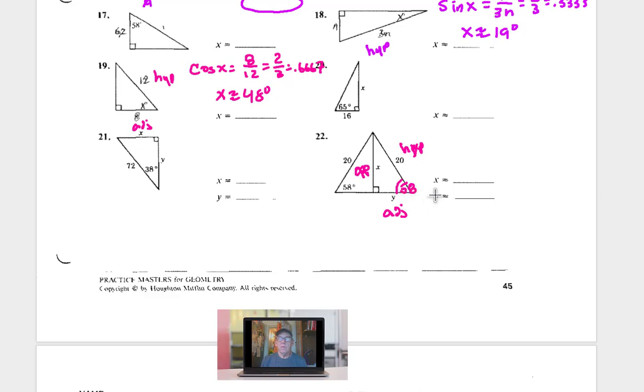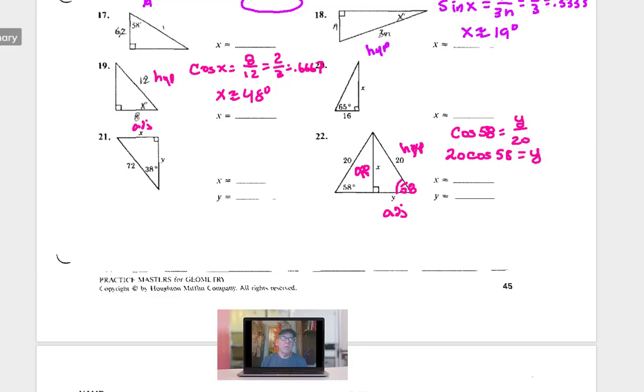So if we want to find out, say, what y is, we have adjacent with hypotenuse that we can use. Adjacent and hypotenuse, that's going to be cosine. So we say cosine 58 equals adjacent, which is y, over hypotenuse, which is 20. To get y by itself, multiply both sides by 20. 20 times the cosine of 58 is going to be y.